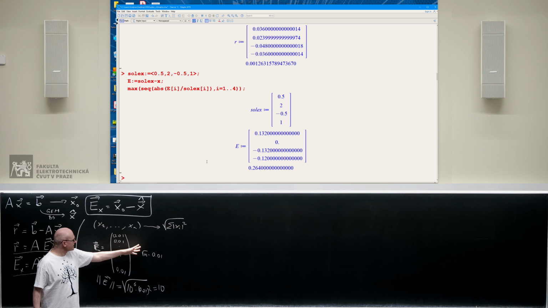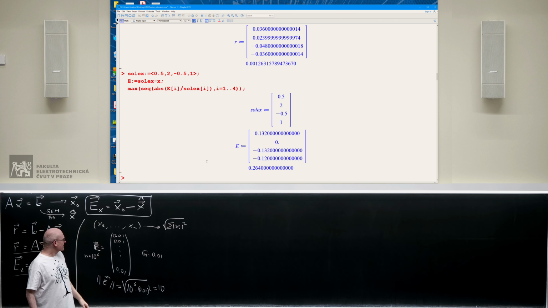This goes to infinity when you work with larger systems. But still, the message should be the same for systems of all sizes. This is the, let's say, reliability of my guess for the solution. So we need a different way of measuring vectors. This is not a bad way, but it's not exactly appropriate for our task.